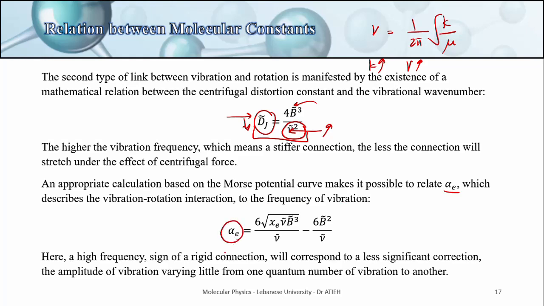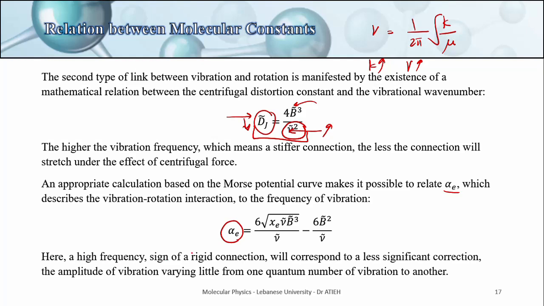So this is alpha_e, which appears in the correction of B. It's equal to 6 times the square root of (x_e nu bar B cubed) over nu bar, minus 6 B squared over nu bar. So as you can see, both B and D are related to the vibrational wave number. So this is a second way of interrelation between rotation and vibration.